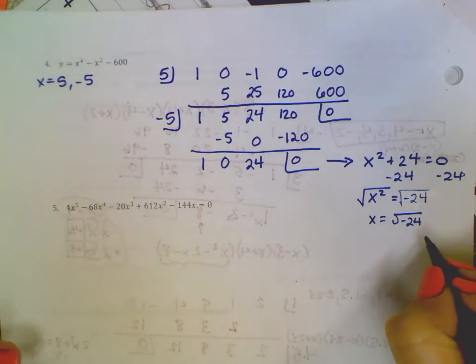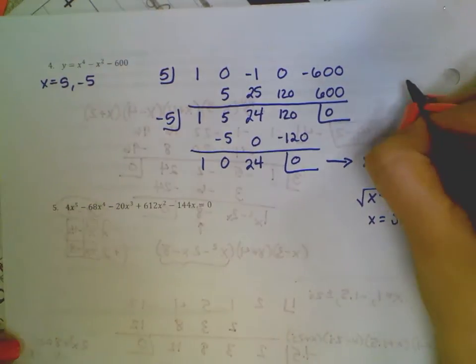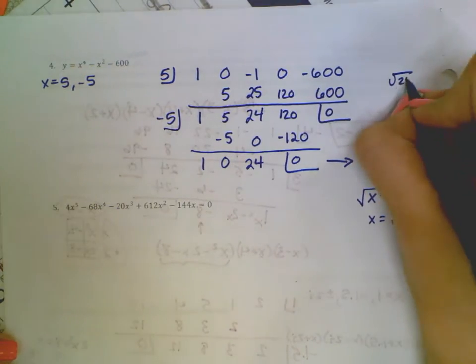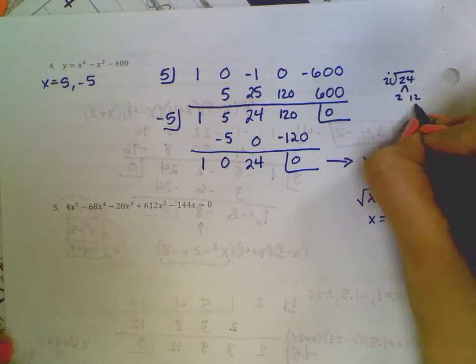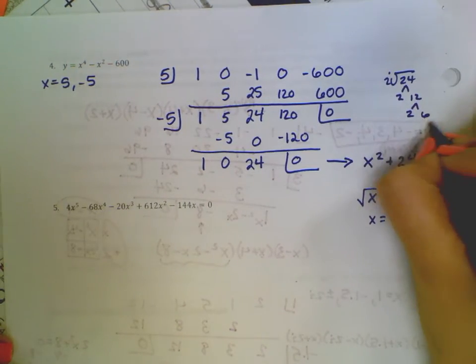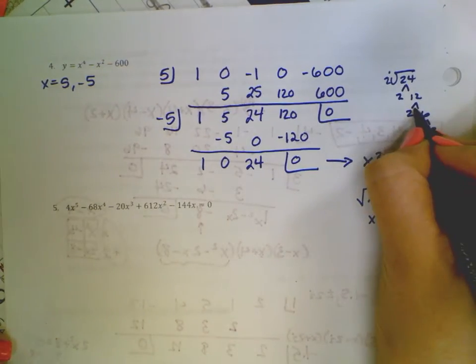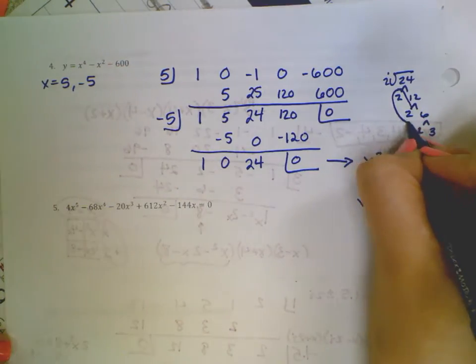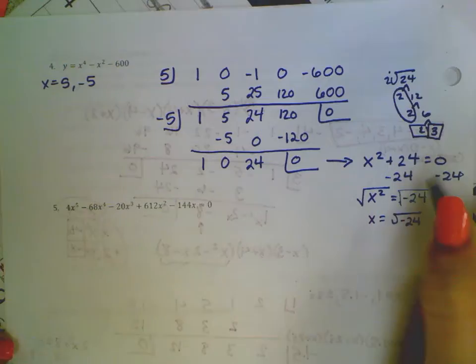So when we have the square root of a negative number, that is going to be imaginary, and I'm going to need to break down the square root of 24. If I pull out an i, 24 is 12 times 2, and 12 is 6 times 2. 6 is 2 times 3. So now that I have my prime factorization, I'm going to circle my pairs, and anything that doesn't have a pair goes in a box.